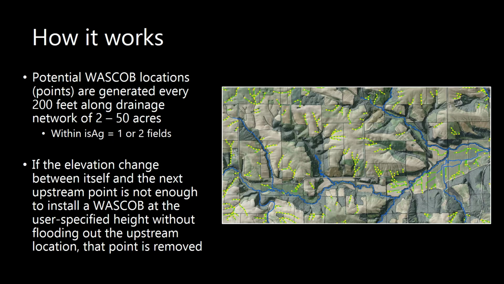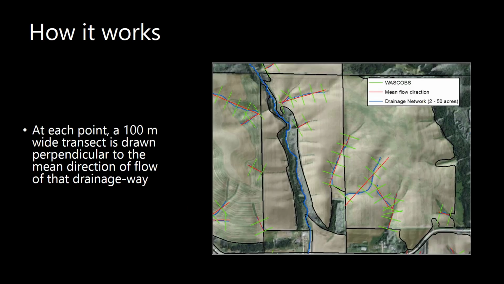So if the elevation change between one point and the next upstream point is not enough and that upstream point would be flooded out, the point is removed. On the points that are still remaining, a 100-meter wide transect line is drawn perpendicular to the mean direction of the flow of that particular drainage way.